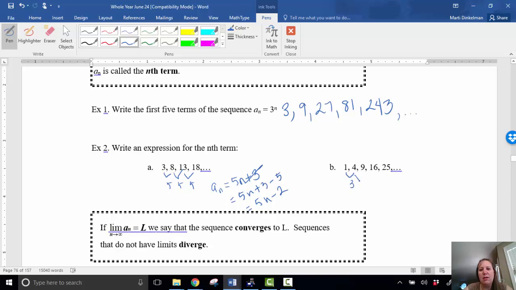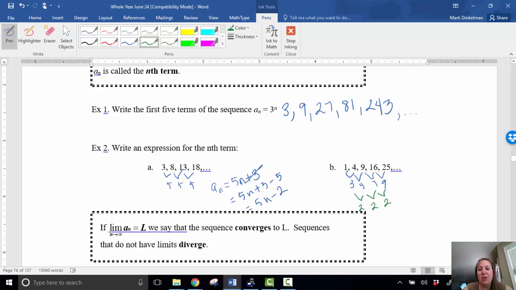On the next one, we might try to do those differences again. So 3, 5, 7, 9. Now we could describe this one so far by saying we keep adding the odds, but I wanted to do this one as an example to show you what happens if the second differences are the same. The next time I take the differences, they're the same. That means there's going to be an n squared involved.